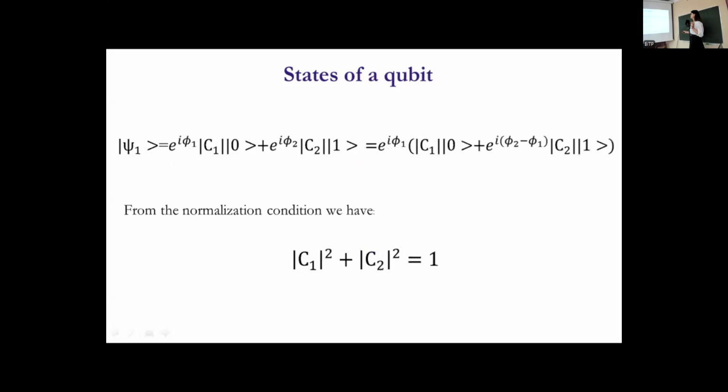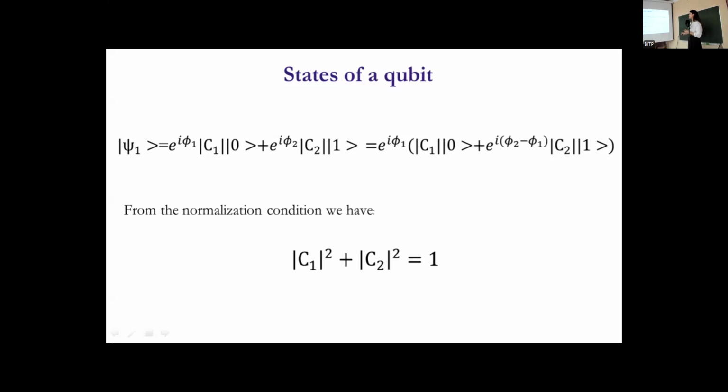Then, of course, we can rewrite these two terms in a more convenient form, and we know that the total phase in a quantum state can be neglected, so we can omit this product and leave just these two terms.